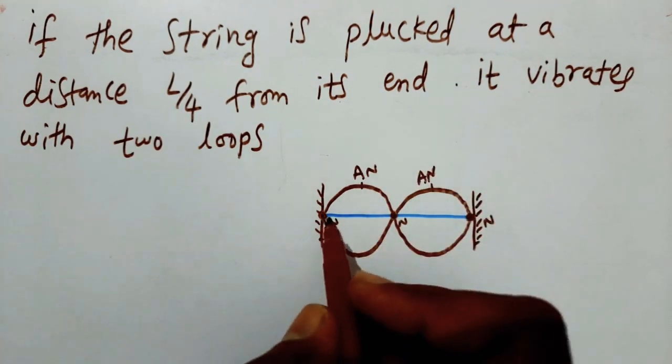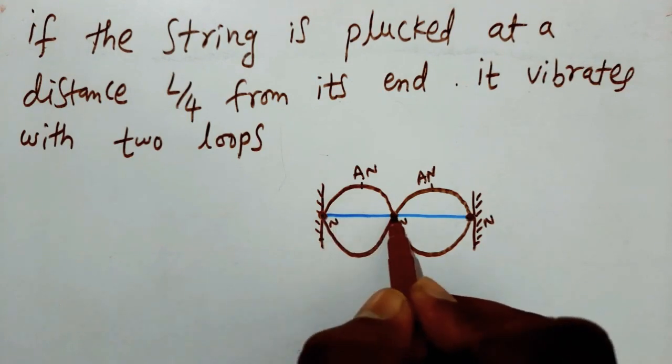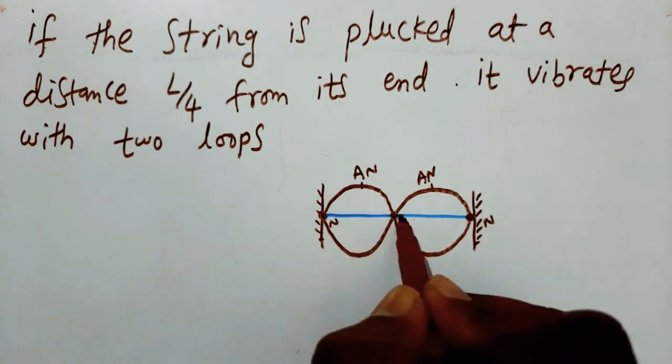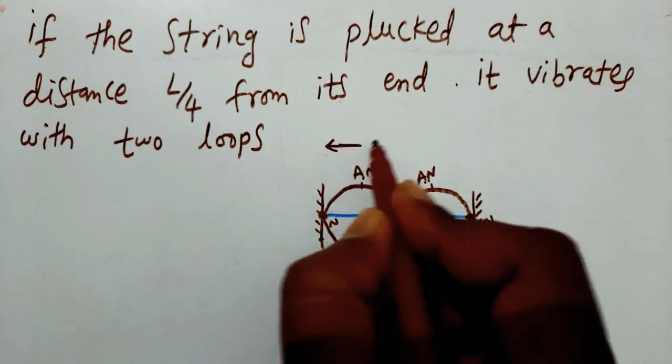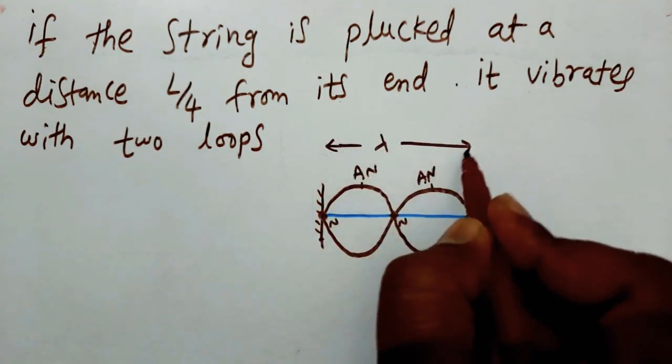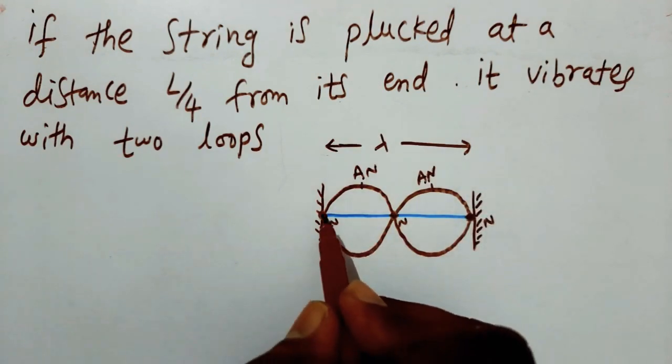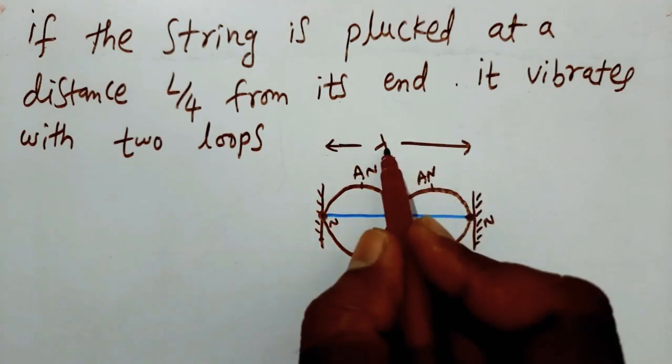The distance between 2 successive nodes is lambda by 2. So from here to here it is lambda by 2, so the total distance is lambda. So the length of the string is equal to lambda.